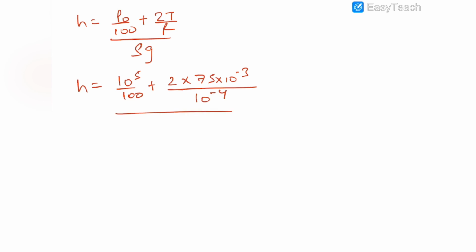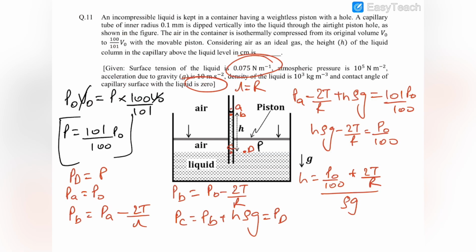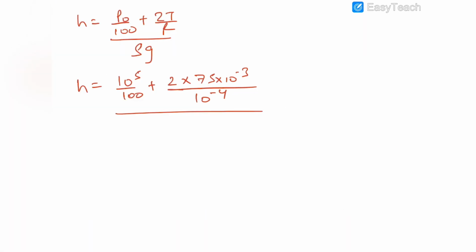Okay, and the density of the liquid is 10 raised to power 3 and g is 10. So this is 10 raised to power 3 plus this is 150 into 10 raised to power 1. So you can write it as 1.5 into 10 raised to power 3 divided by 10 raised to power 4.